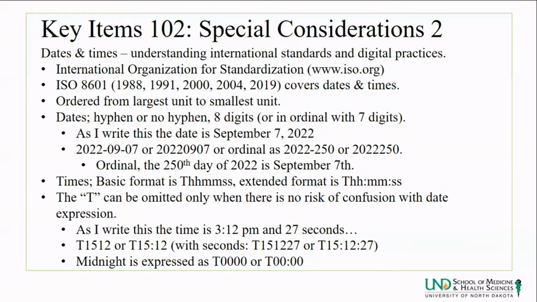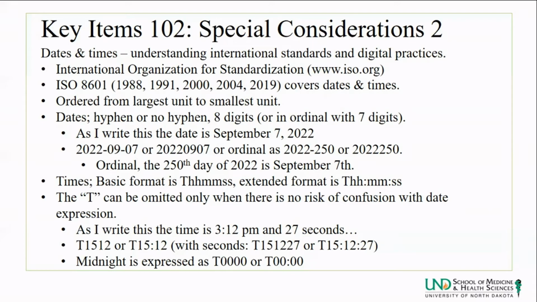So with dates, we can have a hyphen or we can have no hyphen according to the standard. But we're going to have 8 digits, or if we're using ordinal only, 7 digits, as you'll see. So as I wrote these slides, the date was September 7th, 2022. So according to the ISO 8601, we should be expressing this digitally or in a data file as 2022-09 for September, -07 for the day, or 20220907 without the dashes.